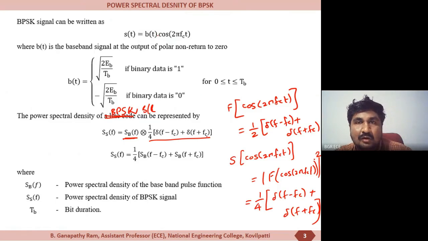So the convolution of any function with the Dirac delta function will shift the entire function towards the location of the Dirac delta function. So SB of f convolution with del of f minus fc provides SB of f minus fc, and the convolution of SB of f with del of f plus fc will provide SB of f plus fc, where SB of f is the power spectral density of the baseband pulse function and SS of f is the power spectral density of BPSK signal.